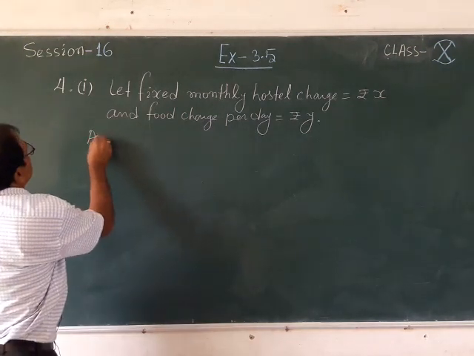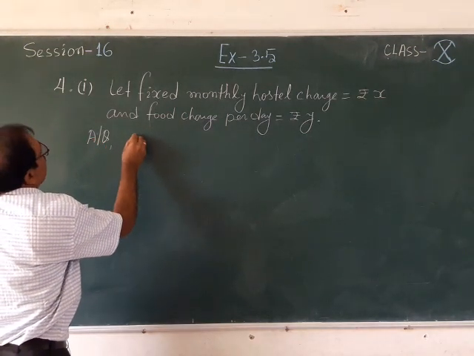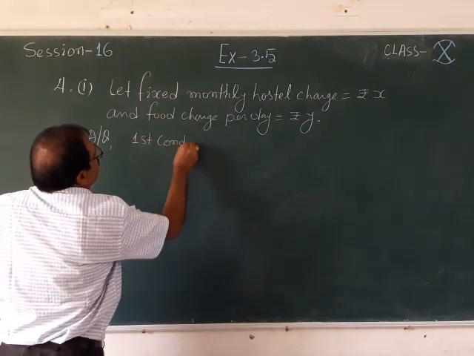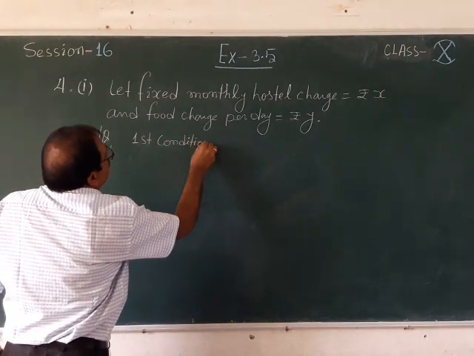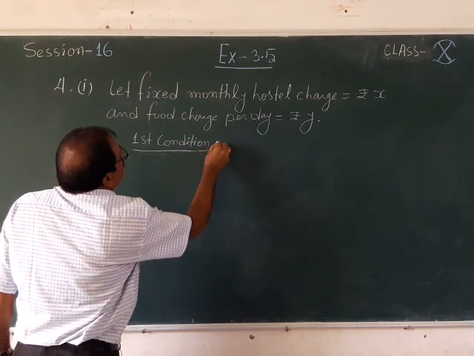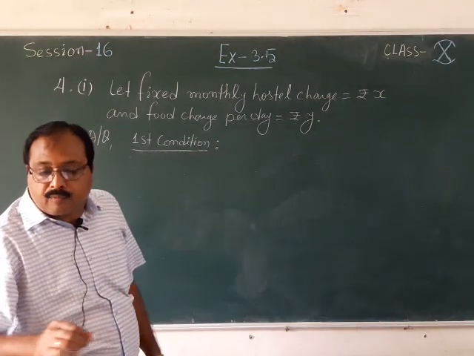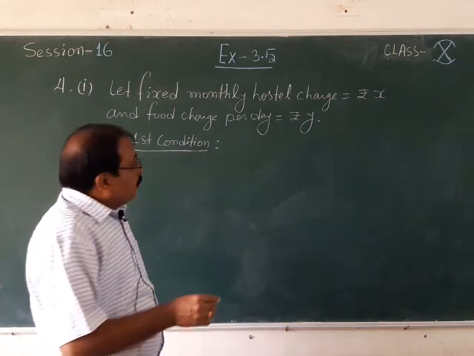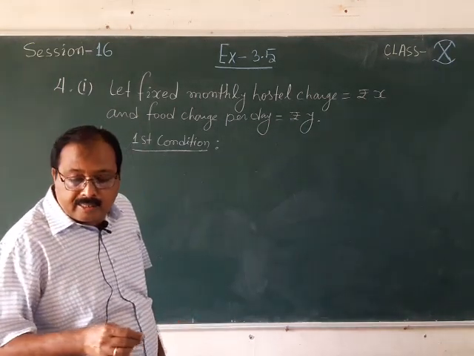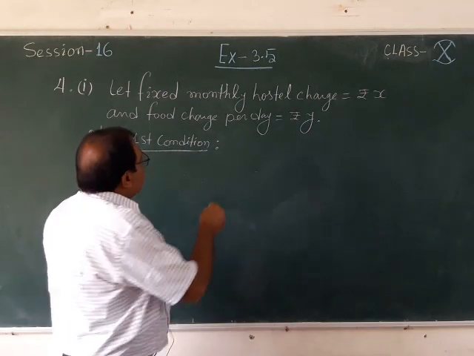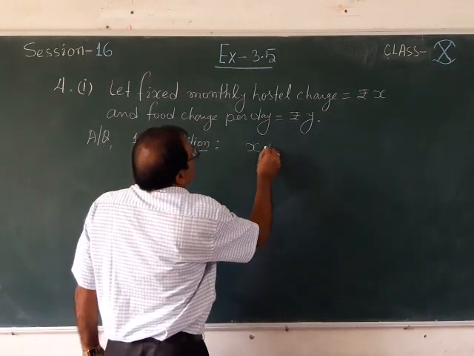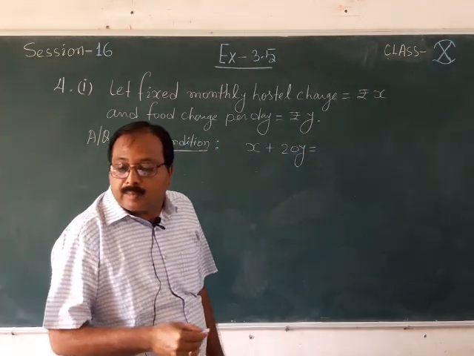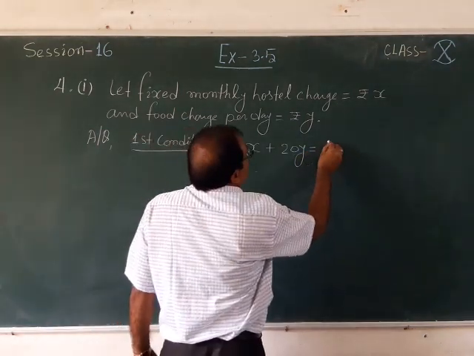According to the question, what is the first condition? The student is staying there for 20 days. That means the fixed charge is x plus 20 into y, and it becomes 1000.